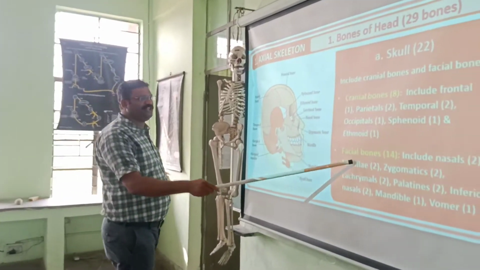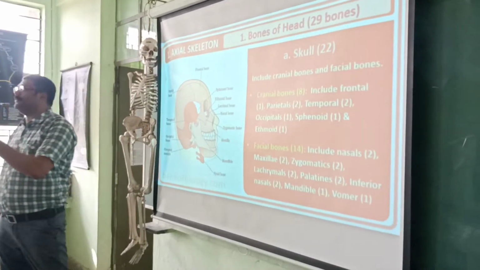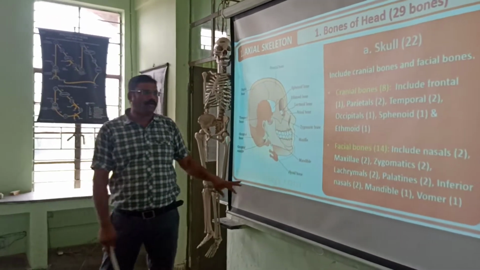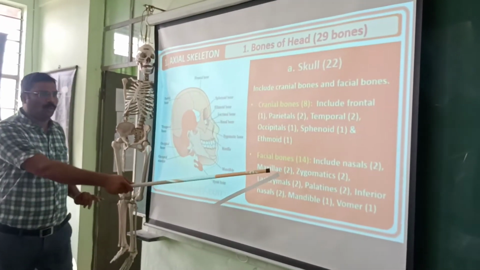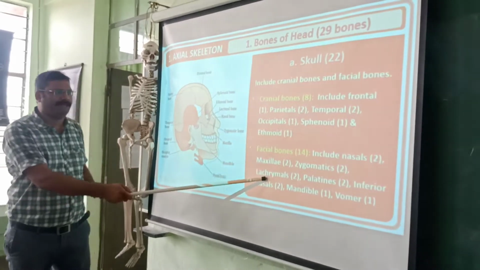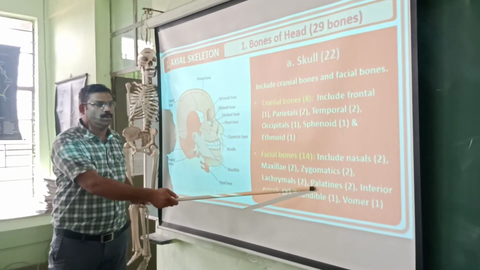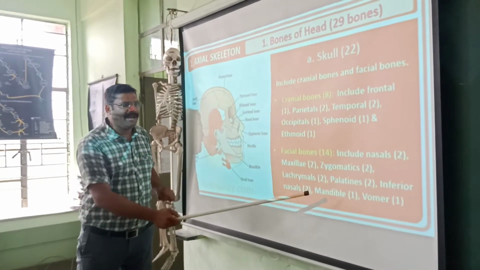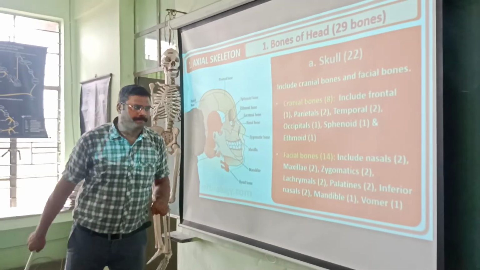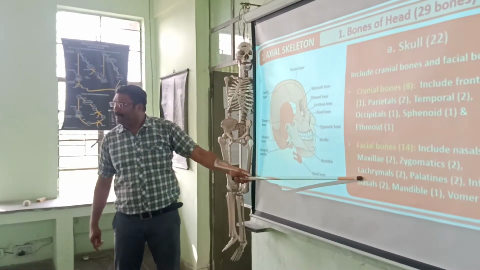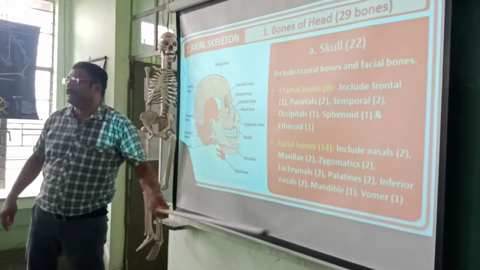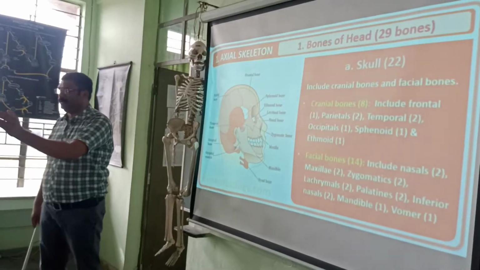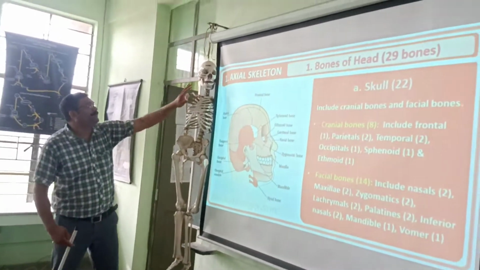Now come to the facial bones. The facial bones are 14 in number: the nasals 2, maxilla 2, zygomatics 2, lacrimals 2, palatines 2, inferior nasals 2, mandible 1 and the vomer 1. The lacrimals, palatines, inferior nasals and the vomer are not visible in front of the human skeleton.